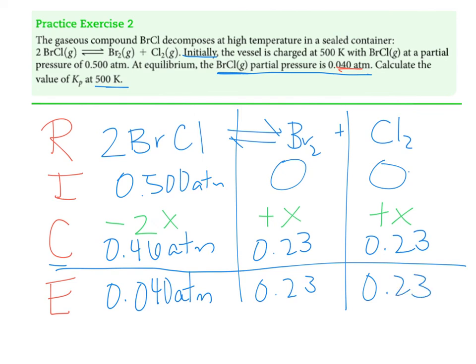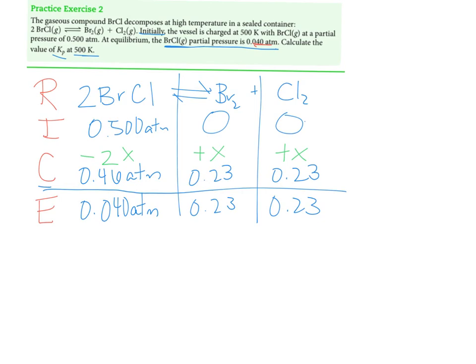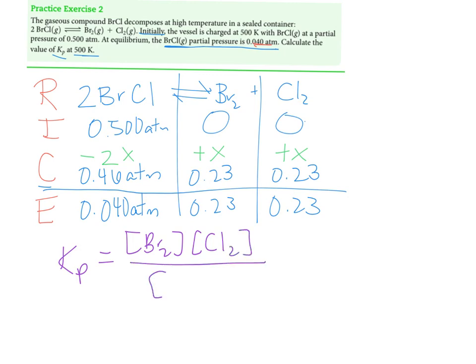Now we're in a position to calculate the value of Kp that we were asked to do. Let's make this a little smaller. Okay. Let's do a different color, purple. Okay, so Kp for this reaction equals our products, Br2 times Cl2, the pressures, over bromine monochloride squared.